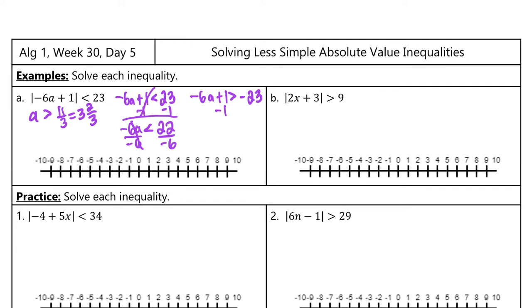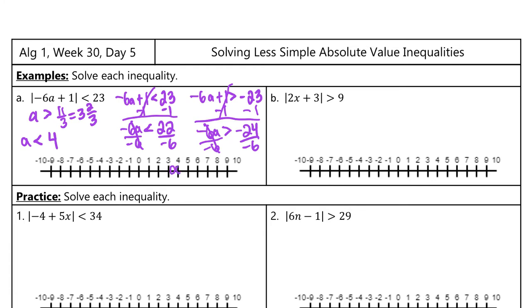So then on this one, we'll get negative 24 and then divide by negative 6 and get that a is less than positive 4. And it's greater than 3 2/3, but it's less than 4.